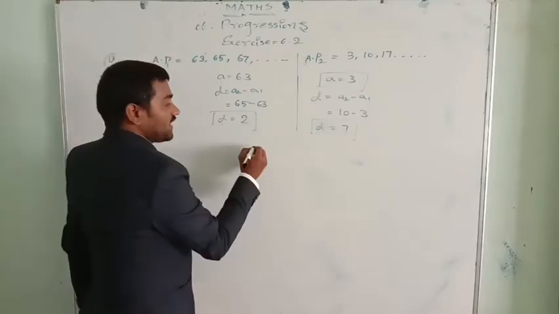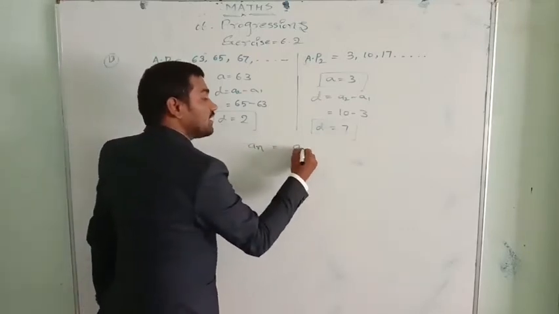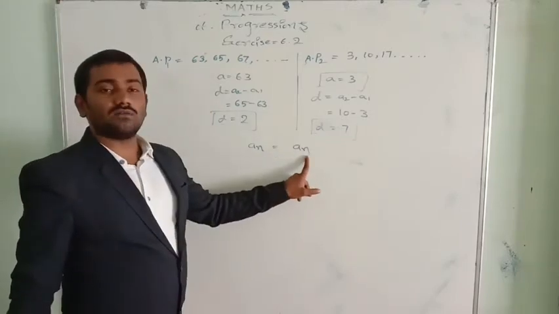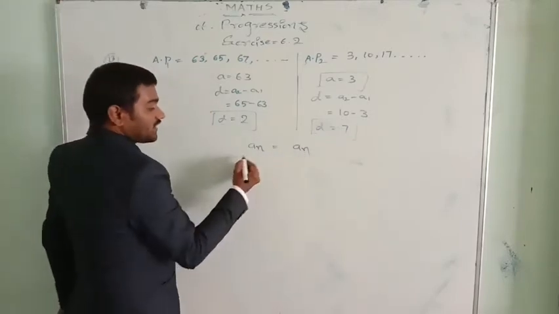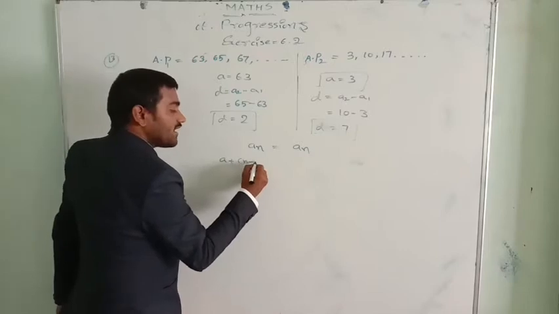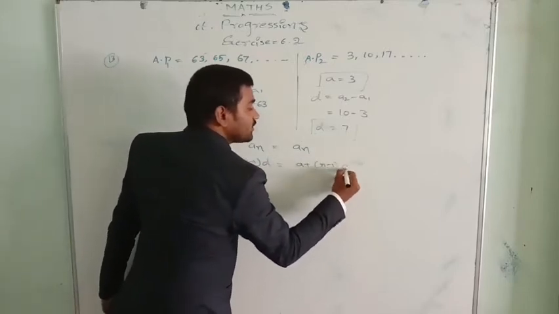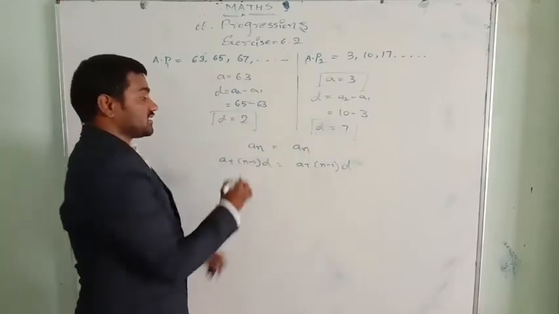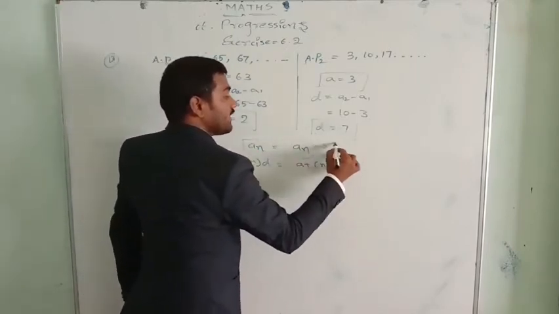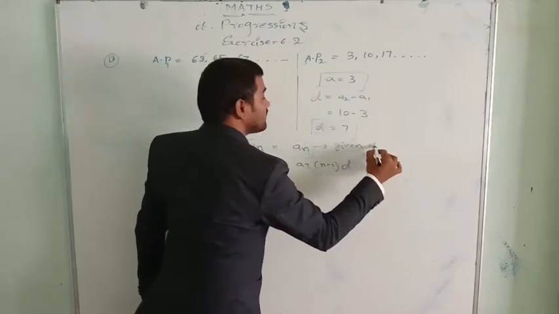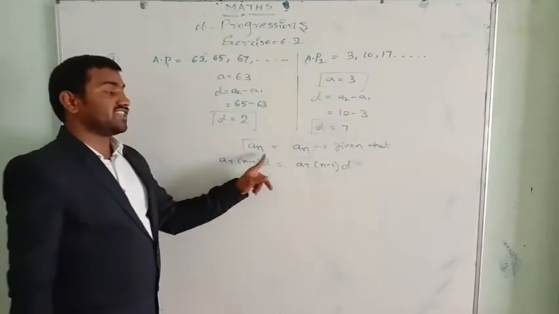So here, as we said, the nth terms are equal. The nth term formula is A plus (n minus 1) into D. Here also A plus (n minus 1) into D. As given, their nth terms are equal.